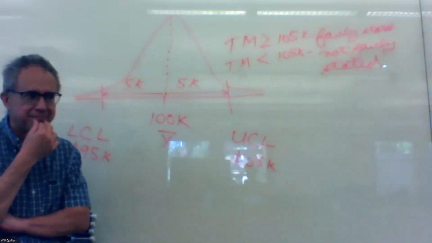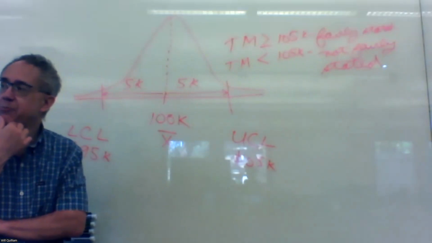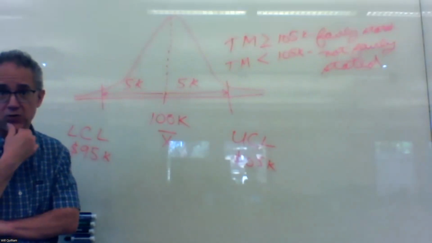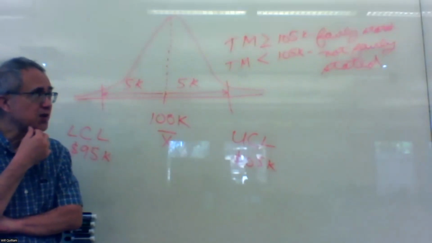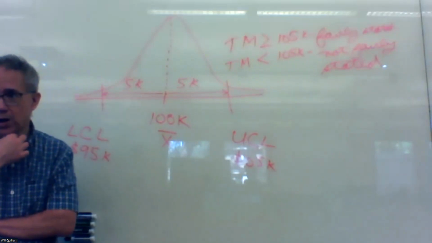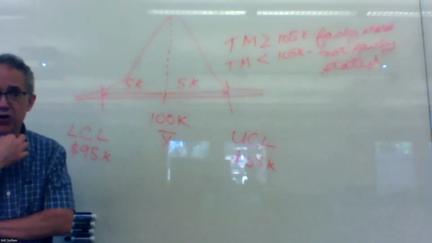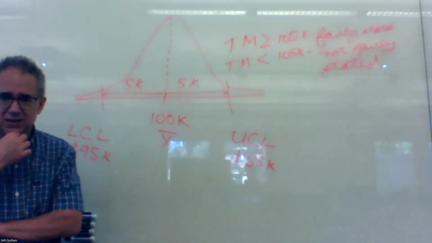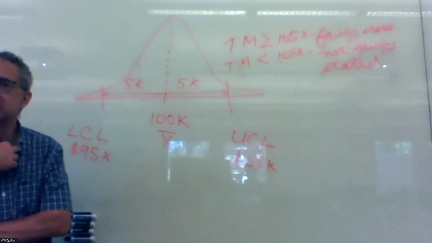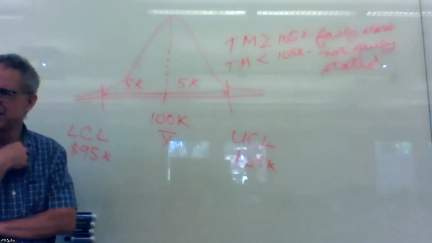That's because we're only willing to accept up to $105,000 of tolerable misstatement in the population. But it looks like there's potentially more misstatement in the population than 105,000. The population is probably too messed up. That makes sense.